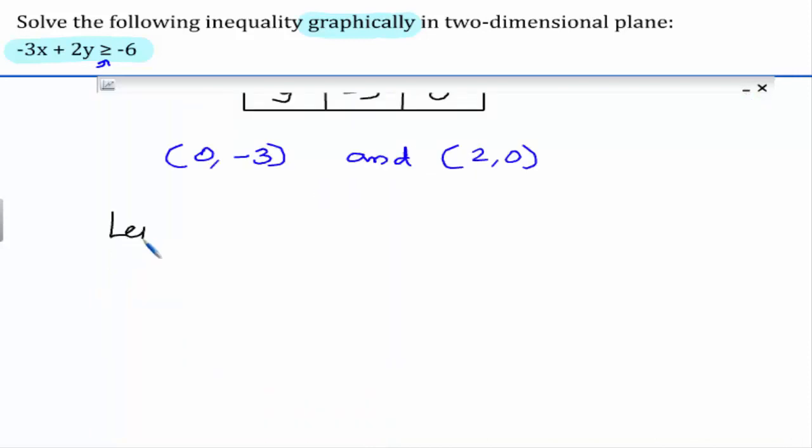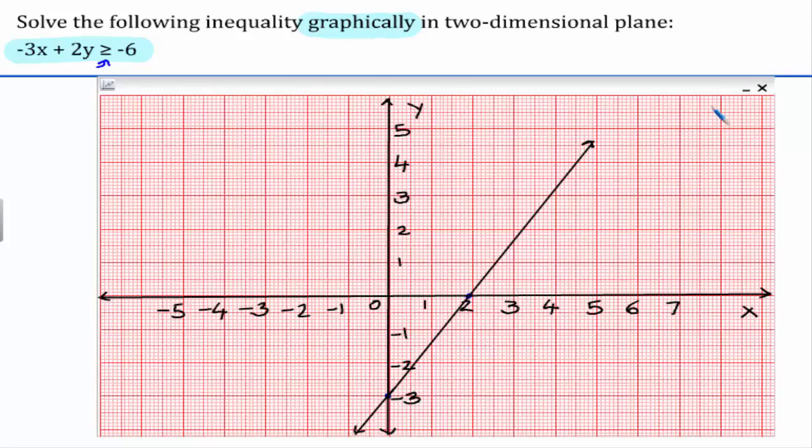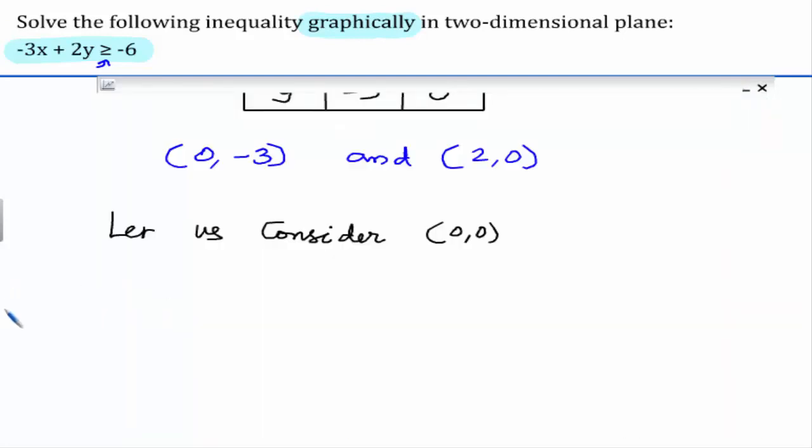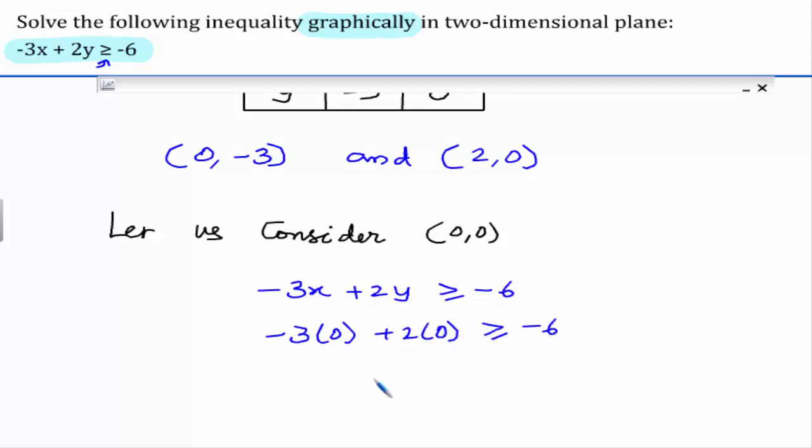Now let us consider the point origin because the line is not passing through the origin, and we'll substitute this point into the given inequality, which is minus 3x plus 2y greater than or equal to minus 6. Now if I substitute origin into the inequality, we get 0 greater than or equal to minus 6, which is a true statement.